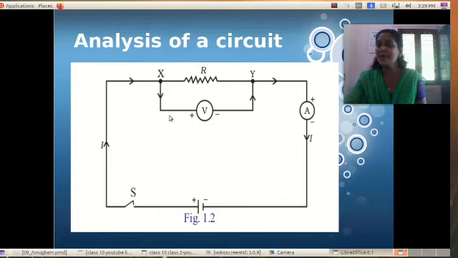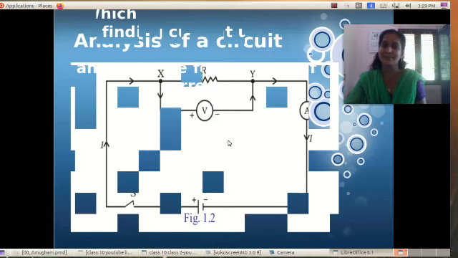This voltmeter measures the potential difference or voltage V provided by the cell, and the ammeter measures the current I in the circuit.